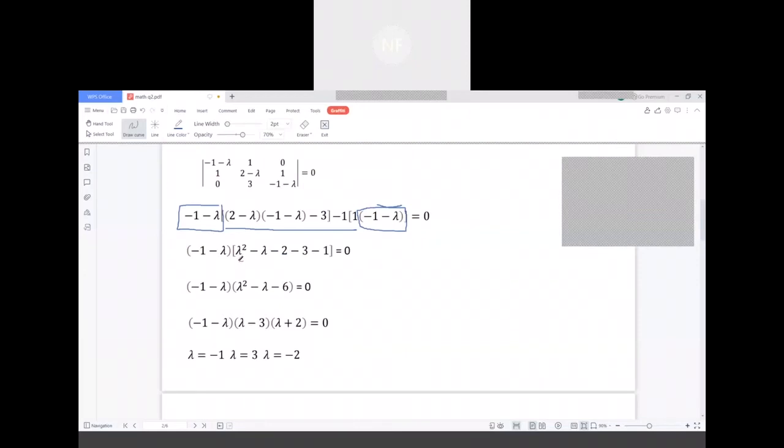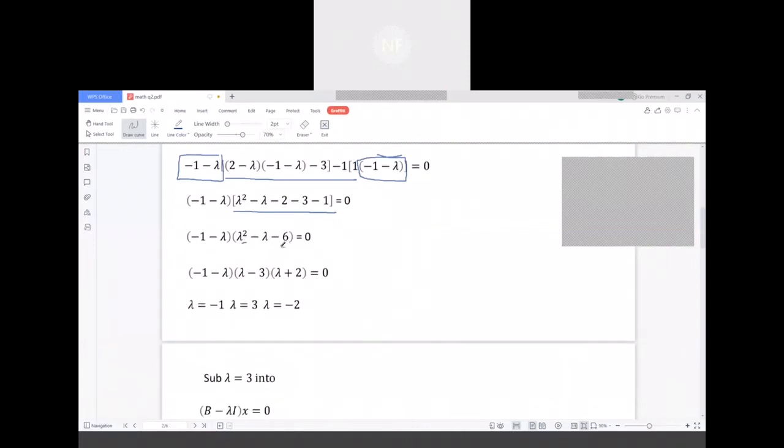And then for this factorized number, we have to simplify, and then we will get lambda square minus lambda minus 6, and then we factorize it again, and it will get two values.